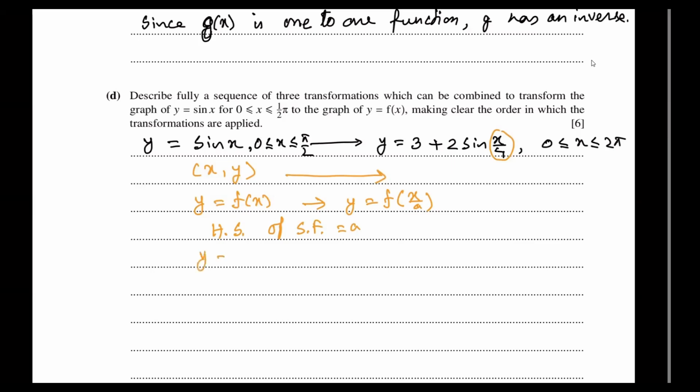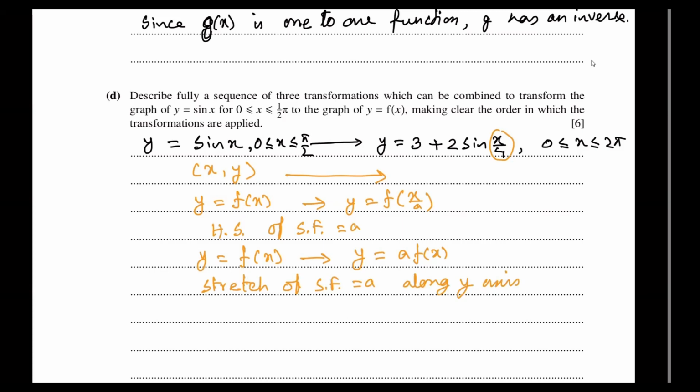And what happens when we go from y equals f(x) to y equals a f(x)? This is a stretch of scale factor a along the y-axis. So this will occur.